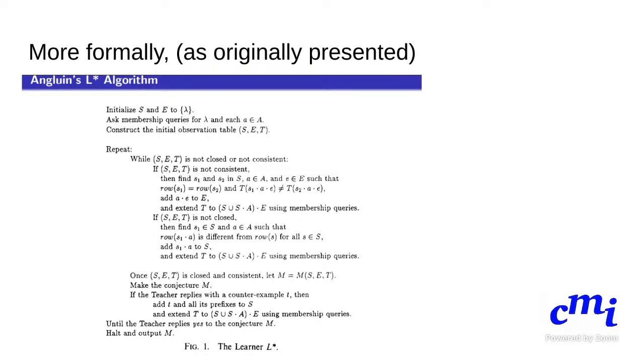I was just trying to say that the L-star algorithm tells us what type of membership queries one should ask smartly to learn the automaton in a polynomial number of time.